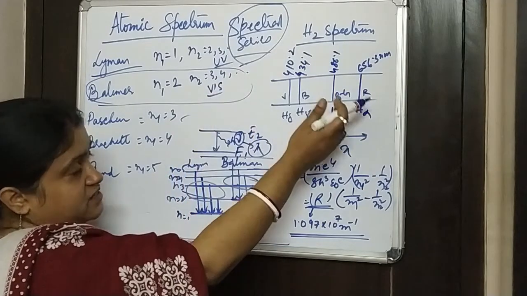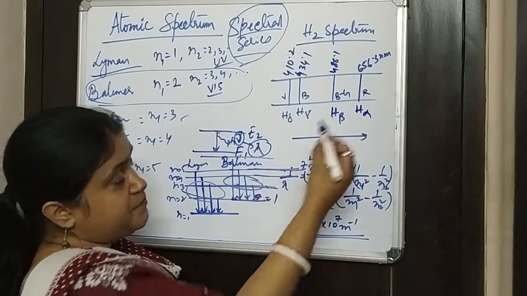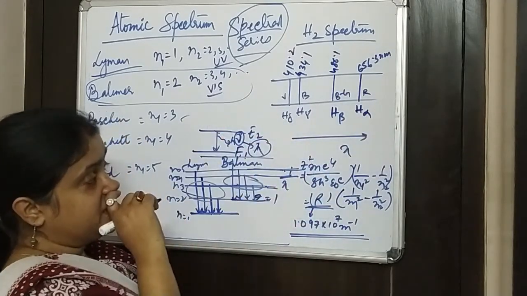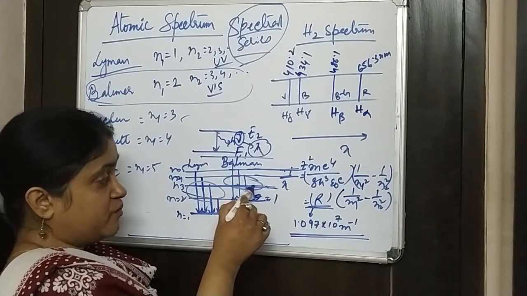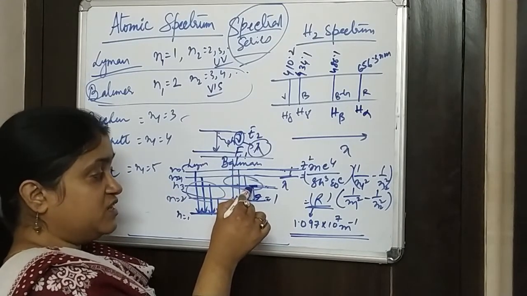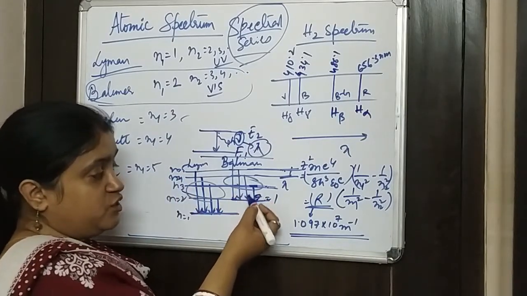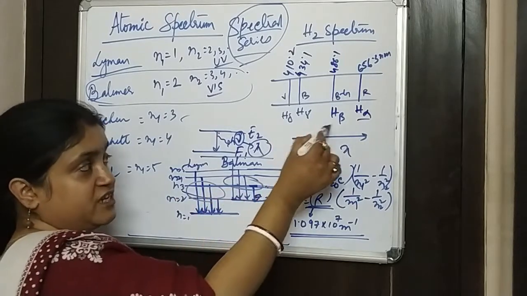So just look at this Balmer series of the hydrogen spectrum, where you see the alpha line, beta line, gamma line and delta line. So in the Balmer series, when the electron is transiting from n2 equal to 3 to 2, we call it the alpha line. From 4 to 2, we call it beta.